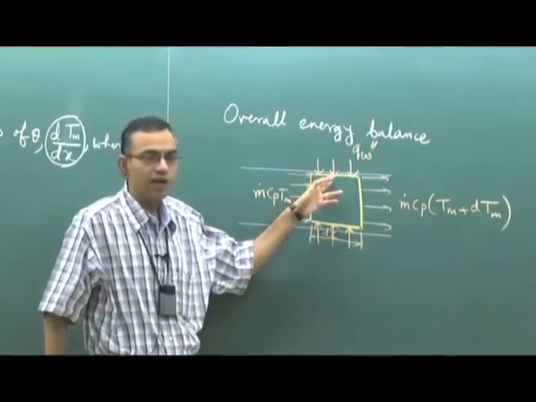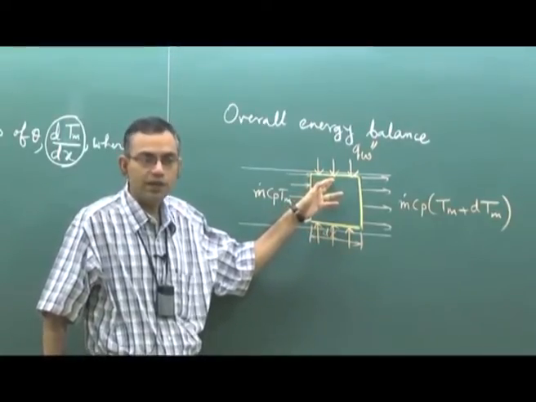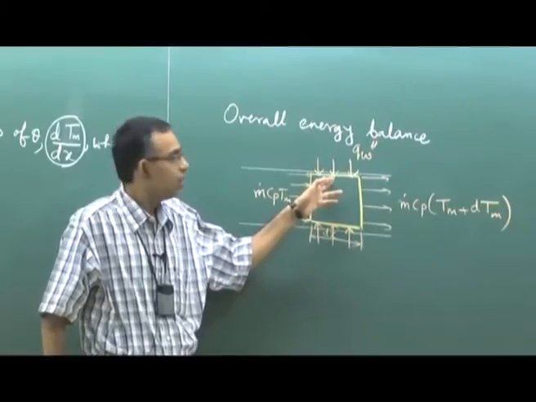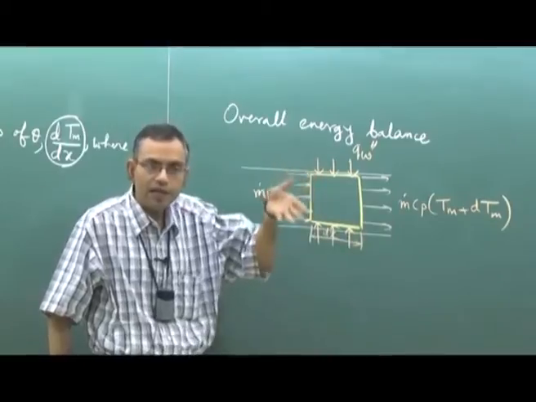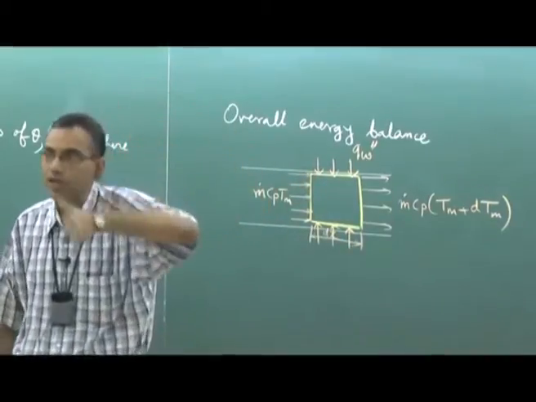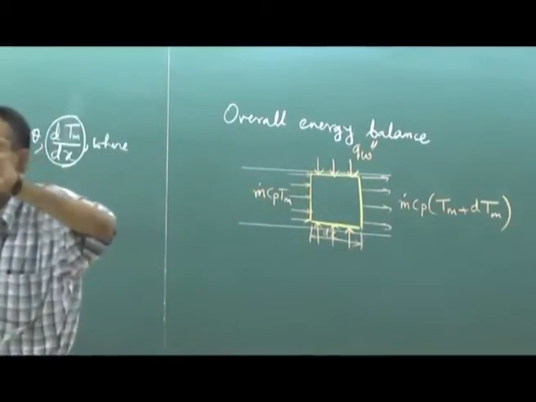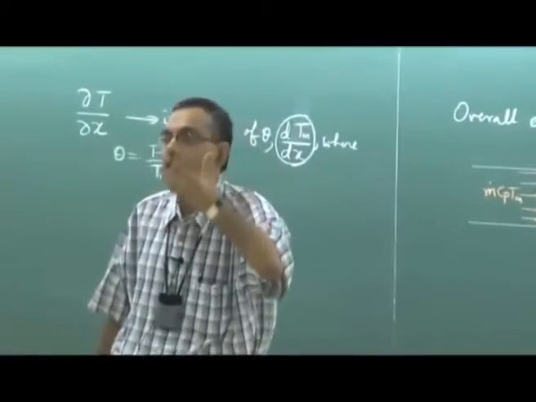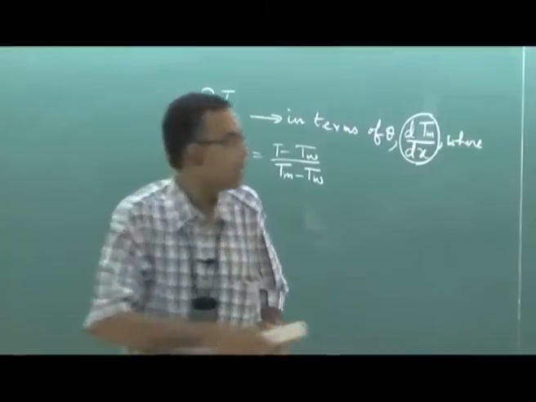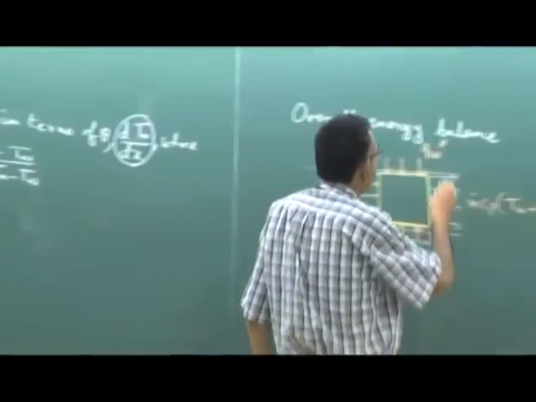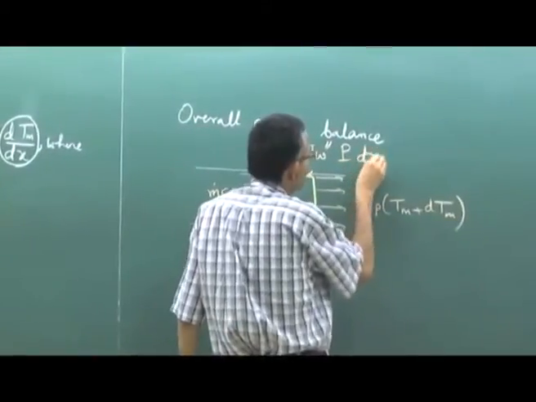What is the rate of heat transfer? Q double prime into 2 pi r dx, right? 2 pi r dx is the surface area of the pipe, which is nothing but perimeter into dx. To generalize it for any section, we will write it as Q double prime into perimeter into dx.